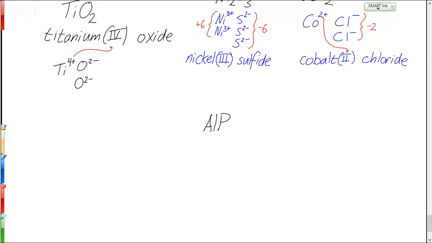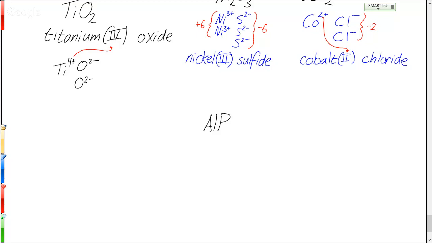But aluminum is one of the exceptions where it's fixed. We used that as one of our examples earlier, that aluminum being in the third column is always +3. The other ones underneath the staircase, kind of on the right side of the metals, are actually variable. So things like Ga and In and Tl and Sn and Pb, those are variable, even though they're closer to the non-metals. But aluminum is always the same, always +3.